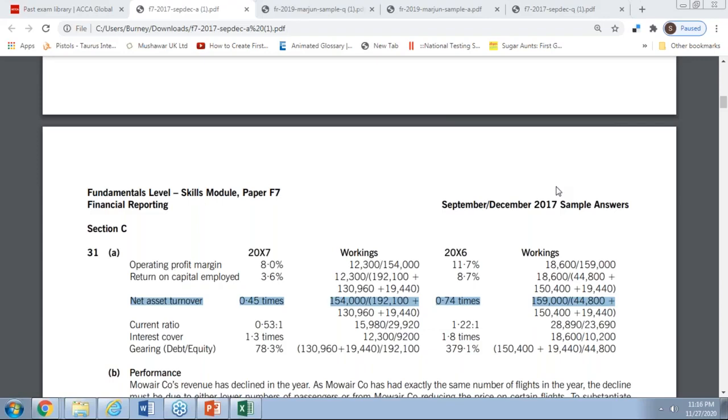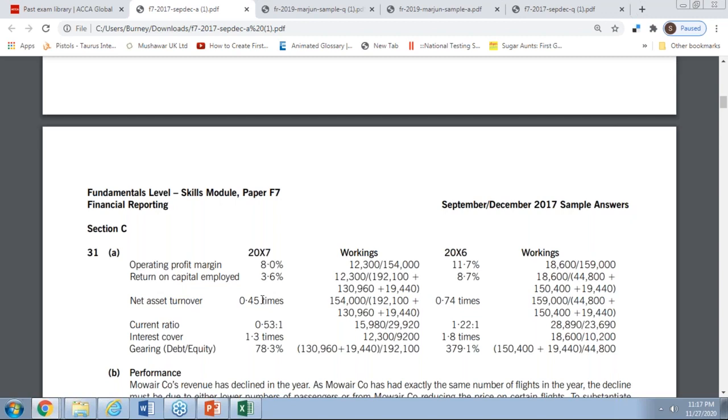So can you recalculate the asset turnover, removing the effect of revaluation? 0.78 times. Wonderful. So that means previously we got 0.74 and now we have got 0.78. Just try to understand this point. Previously we got 0.74, now it's 0.78 if you remove the effect of the revaluation.